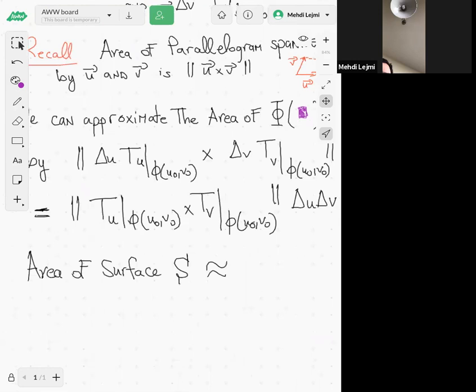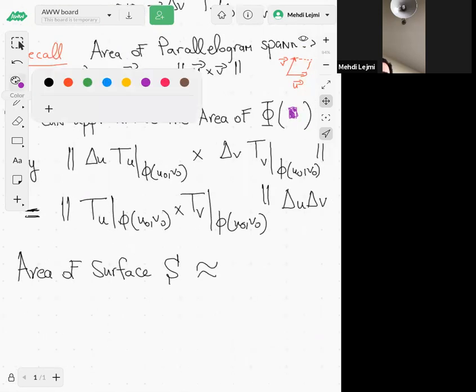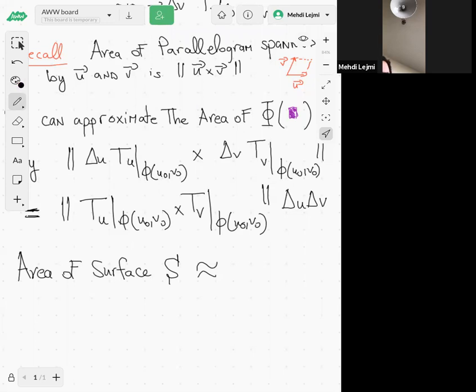So the area of the surface S can be approximated with the sum of, again, the area of the images of these small rectangles by the map, by the function phi, which can be approximated with the magnitude of the cross product of T_u with T_v, right?